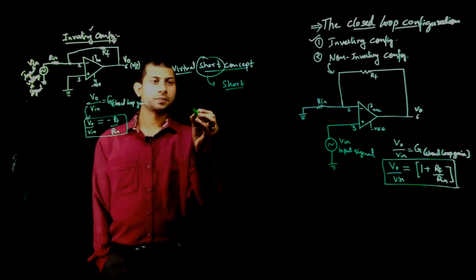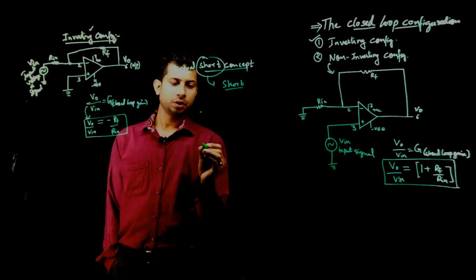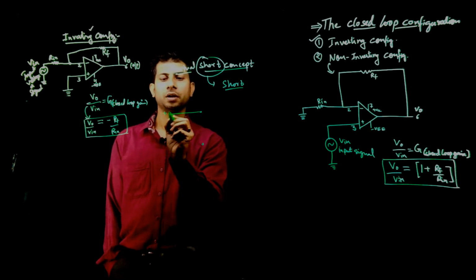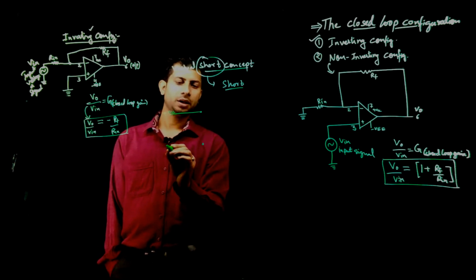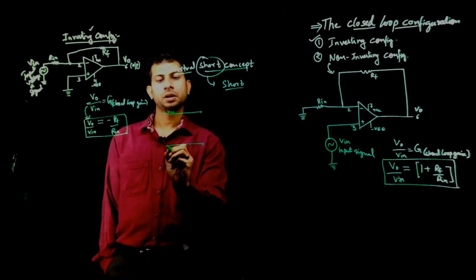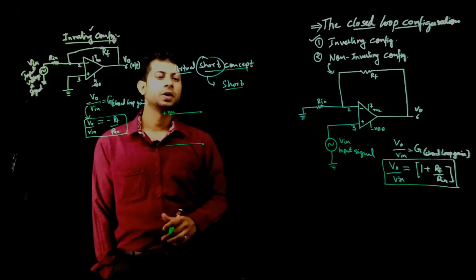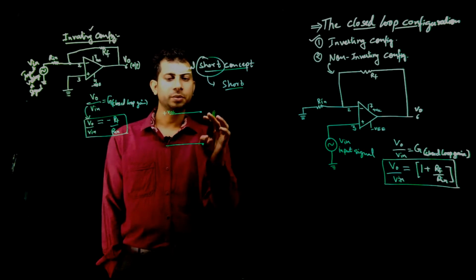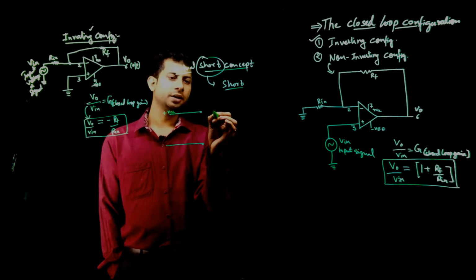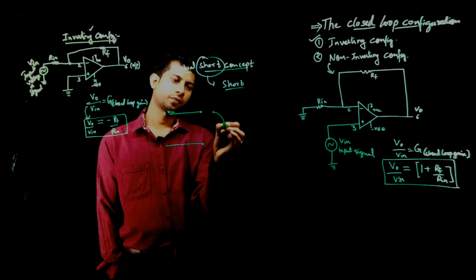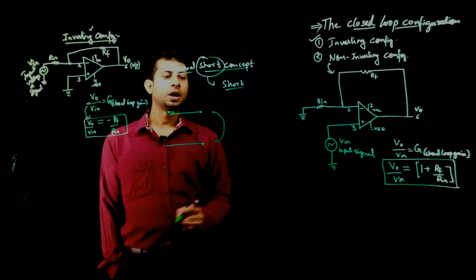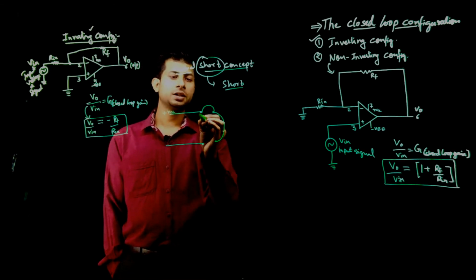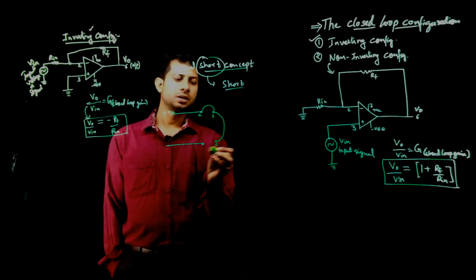Short means if we have two terminals, suppose here we have VCC and here is another line or a wire, and these two terminals are apart from each other, and we take an extra wire and make a connection between these two points. Let them be A, B, C and D.